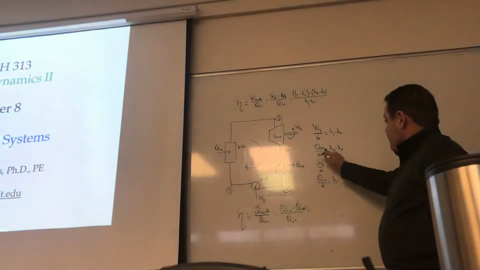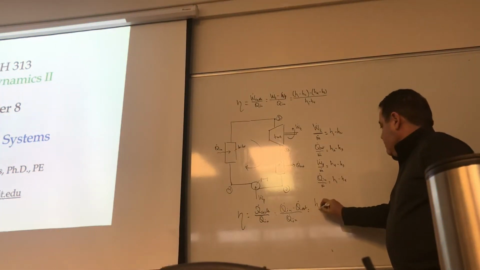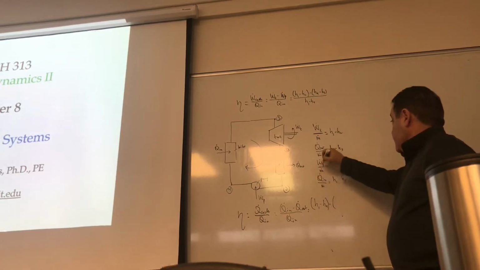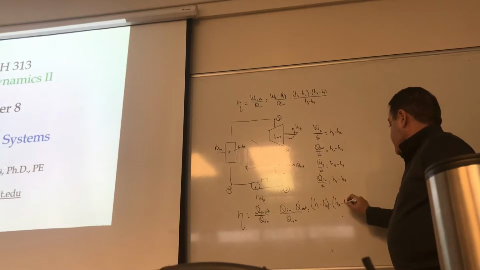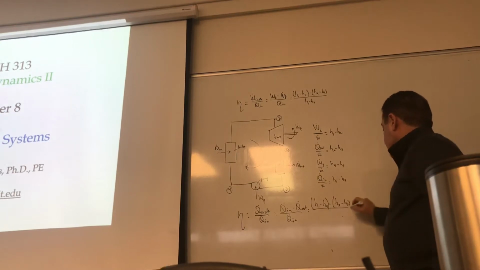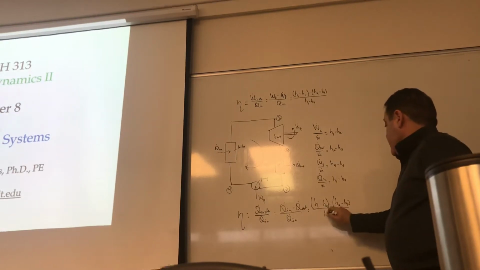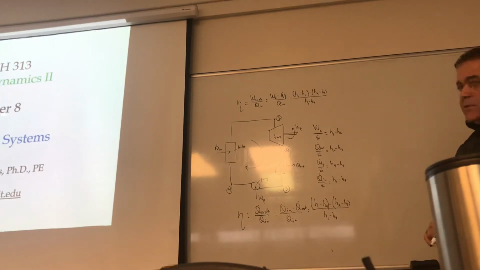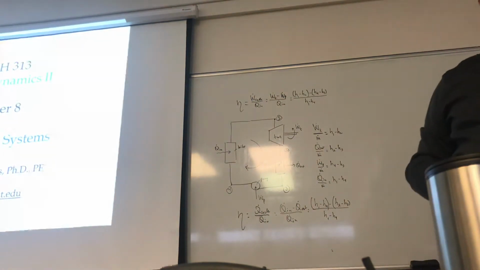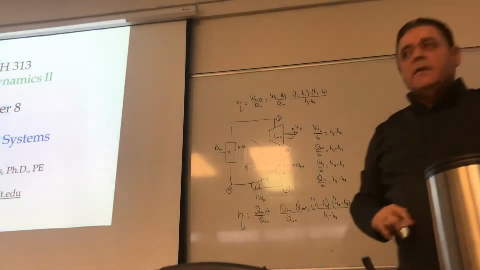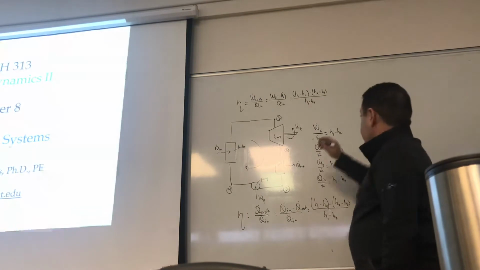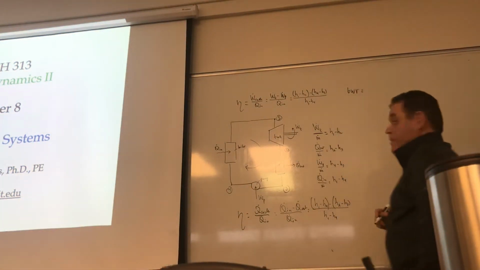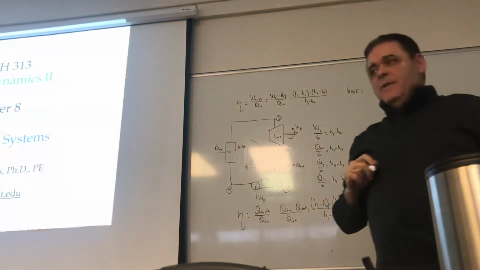So Q in is obviously H1 minus H4, minus Q out, which is H2 minus H3, divided by Q in, which is H1 minus H4. There is also another quantity that we have learned about, which is called the BWR. Anyone remind me what that is? Back work ratio. Yes.